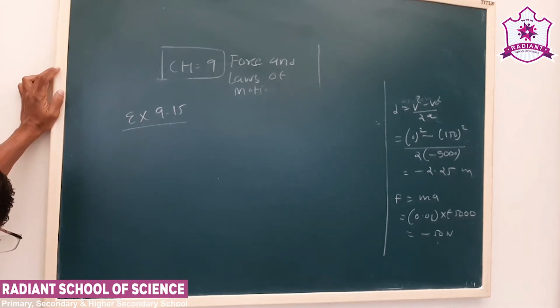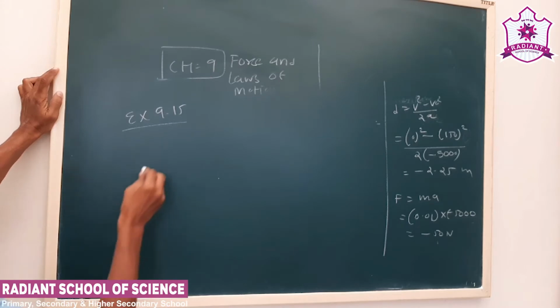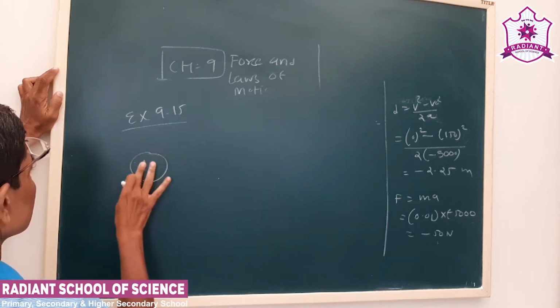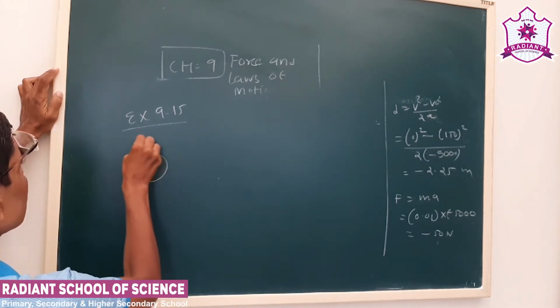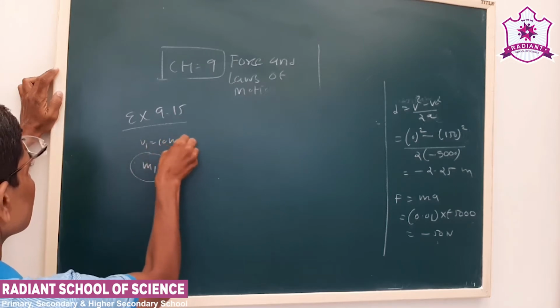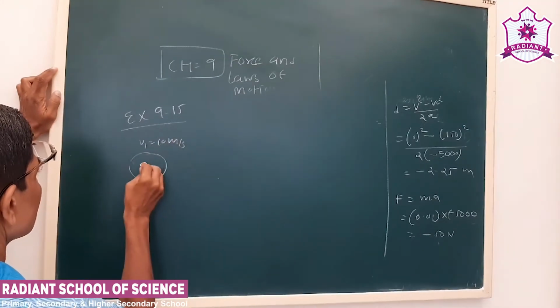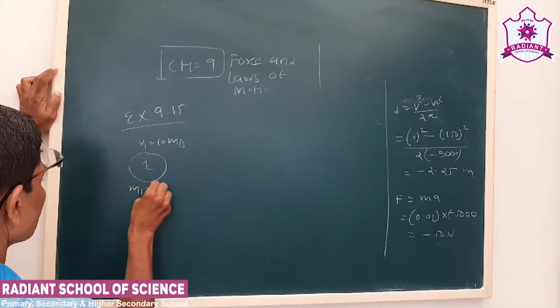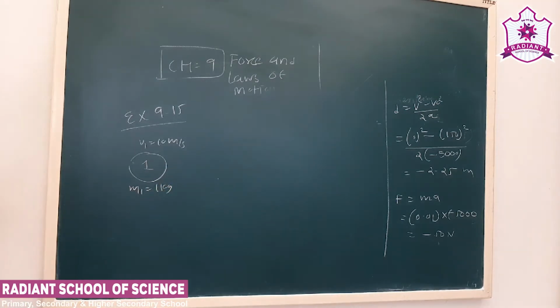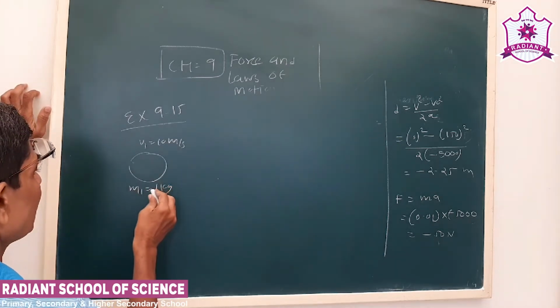An object of mass 1 kg travels in a straight line with a velocity of 10 meter per second and sticks to a stationary wooden block of 5 kg. See here, this is an object of mass m1.